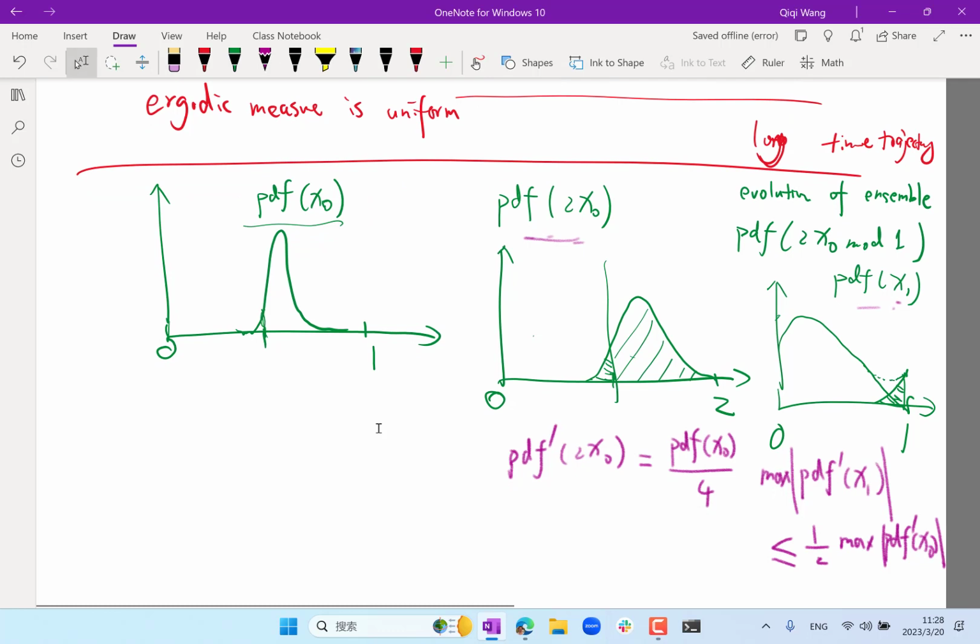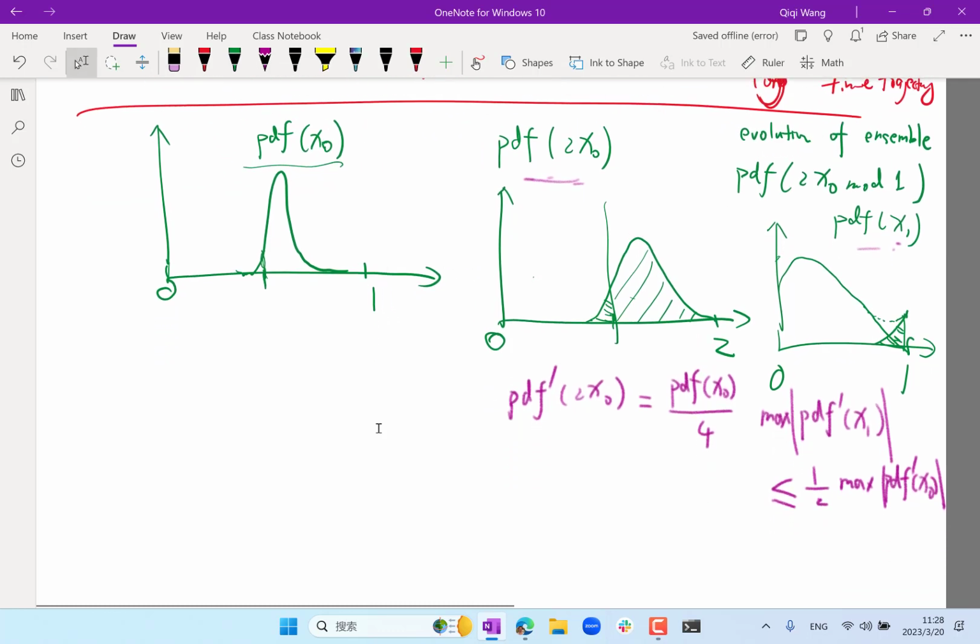That means for every iteration, the PDF function gets smoother and smoother by a factor of 2 or more, right? So after t iterations, the maximum possible derivative of the PDF function is going to be decreased by a factor of 2 to the t. There is an exponential convergence to a PDF that has no derivative. The only possibility being a uniform distribution, right?